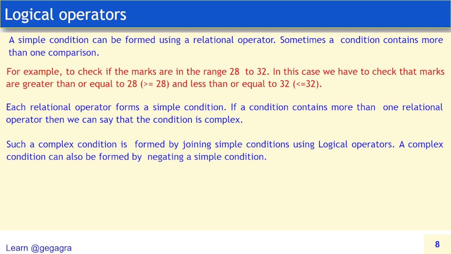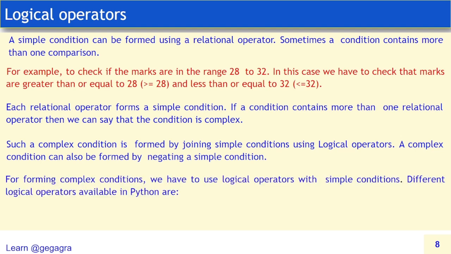A complex condition can also be formed by negating a simple condition. Sometimes we want to negate the condition, meaning complement the condition, so we have to use the not operator. So not is also a logical operator. For forming complex conditions, we have to use logical operators with simple conditions.